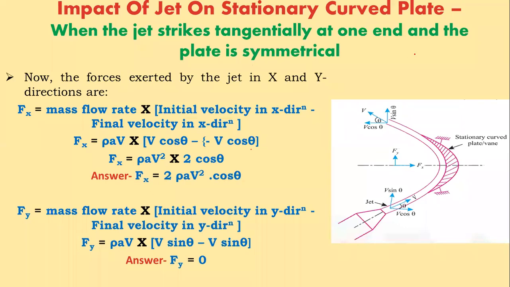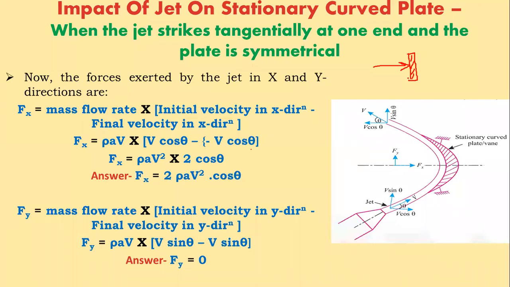Now, if you get somewhat confused among all the 4 types that we have studied so far: the first case was the stationary flat plate, which is vertical or normal to the jet. Here the jet was striking normally, that means directly on the plate, acting perpendicular to the plate.